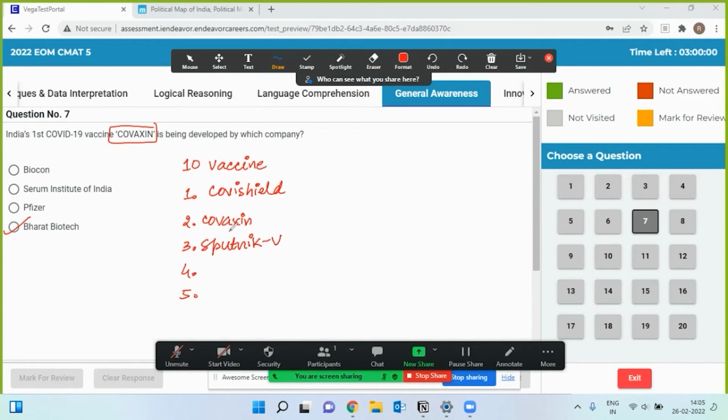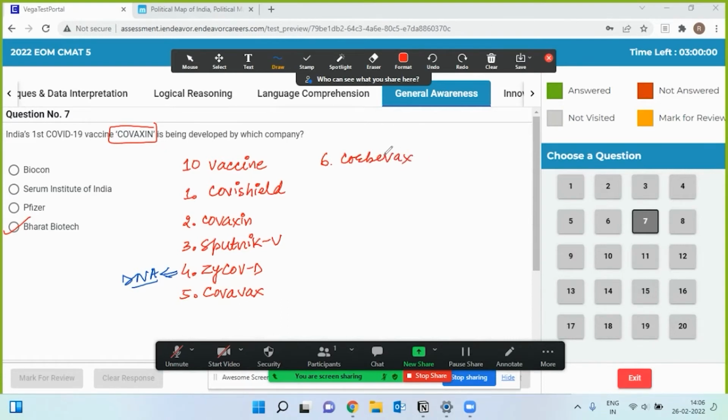Fourth vaccine is Zycov-D, which is a vaccine developed by Zydus Cadila. Correct? And here you should remember that Zycov-D is also the first DNA COVID vaccine in the whole world. It is developed by Ahmedabad-based Cadila Healthcare. Then fifth vaccine is Covax. Sixth one is Corbevax.